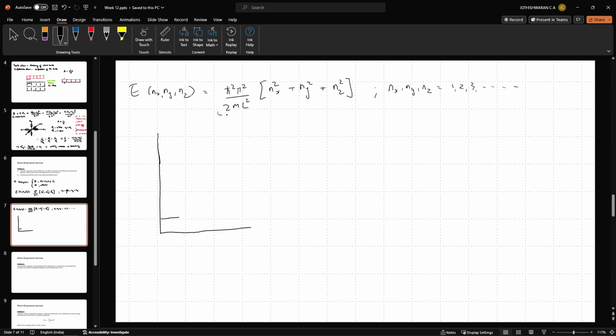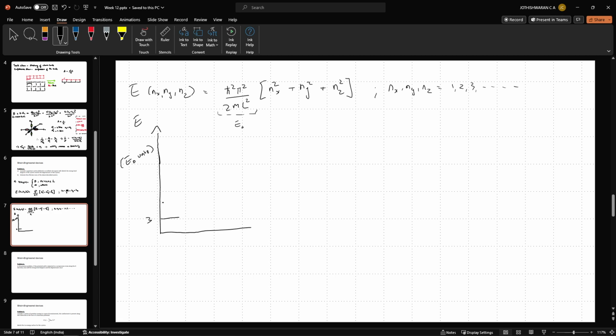So I'm going to call this thing E naught. The lowest value is going to operate. So this is E in E naught units. Initially the lowest possible energy is 3 E naught. The next lowest possible energy is when one of these can be 2, so that is going to be 4 plus 1 plus 1.